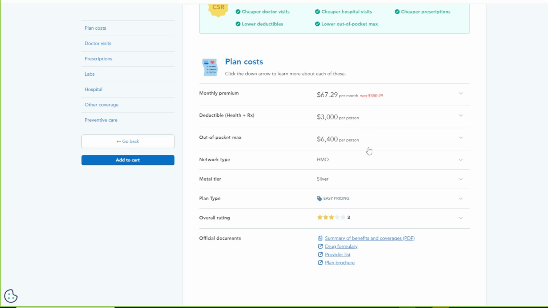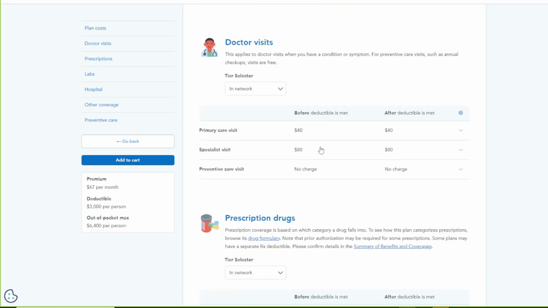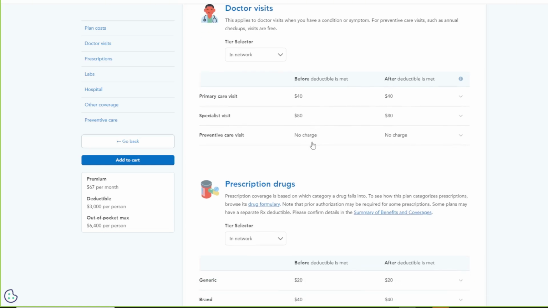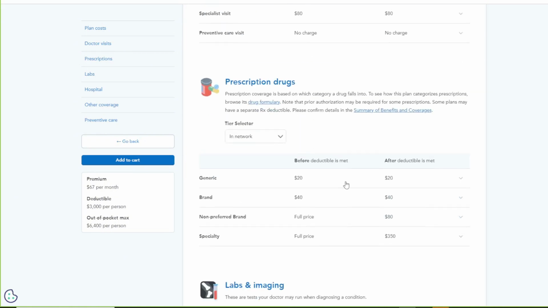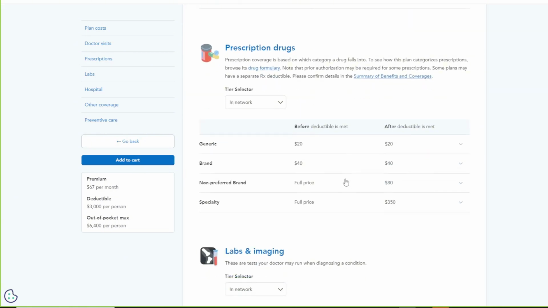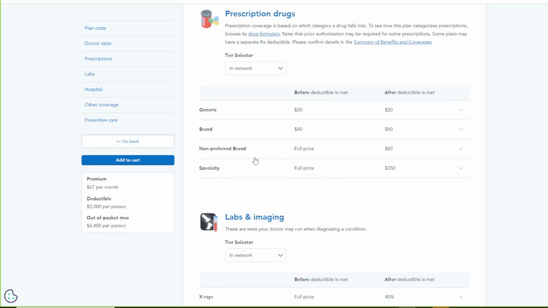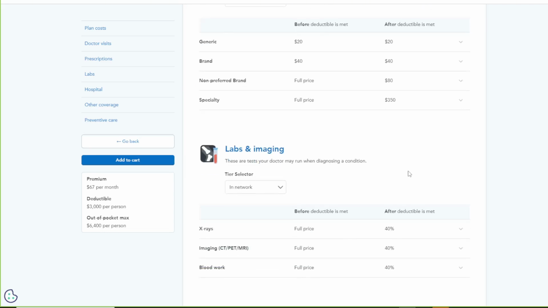So if you hit $6,400, you're going to be covered 100%. If you go to your primary care physician, it's $40. If you see a specialist, it's $80. And then if you go in for just a routine checkup, you don't have to pay anything out of pocket for that. Your generics are going to be $20. Your brand names are going to be $40. And then with the non-preferred and specialty brand names, those are going to be full price until you hit your deductible. And then after that, it'll be $80 or $350, depending on if they're non-preferred brand or specialties.